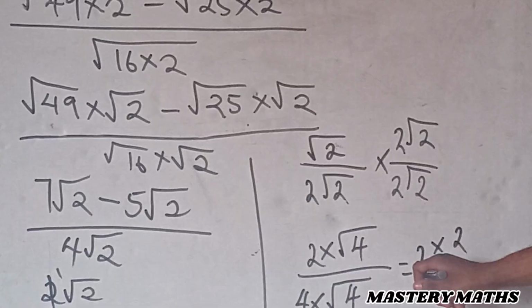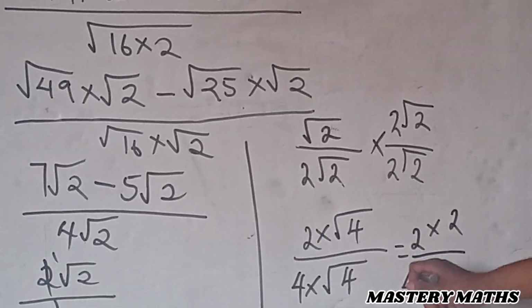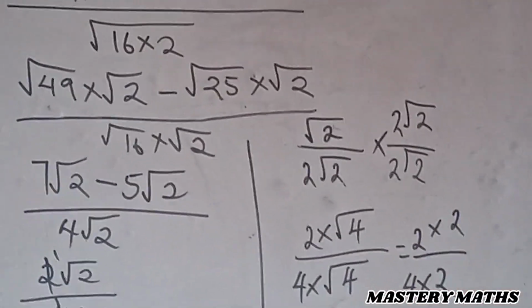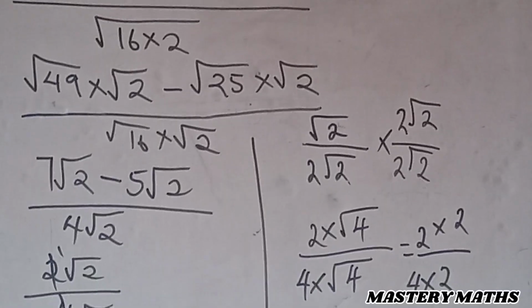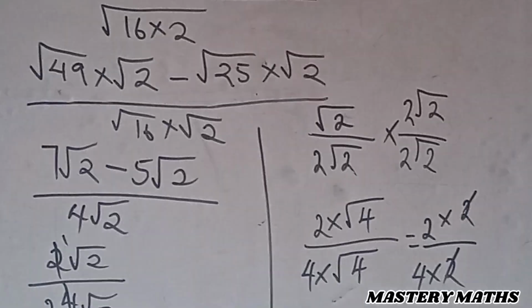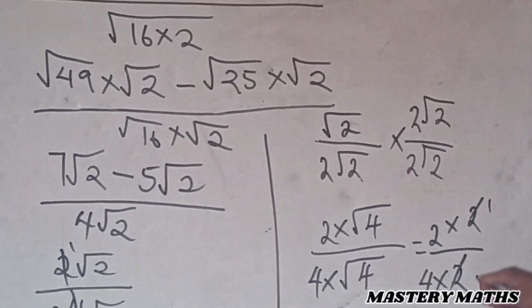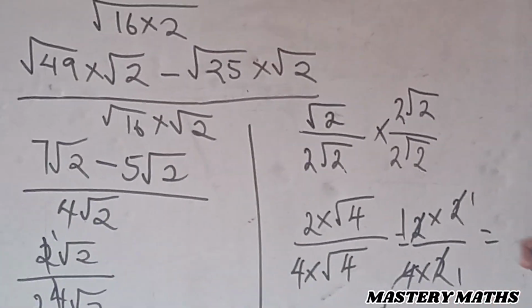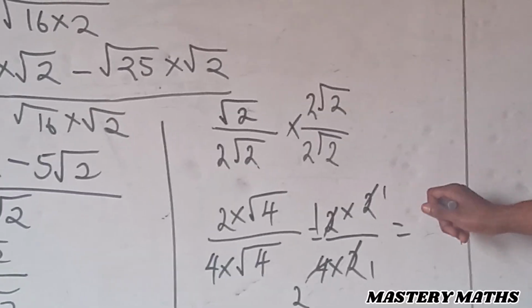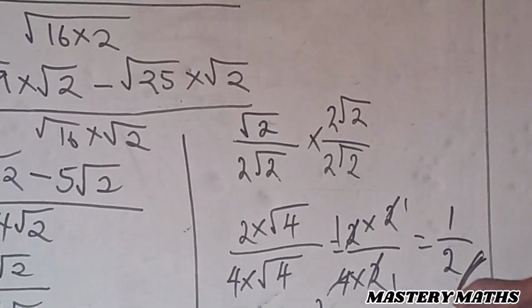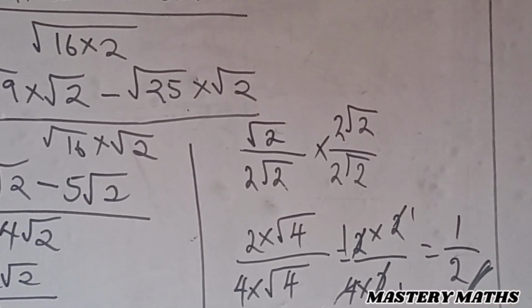The square root of 4 is 2. Now 4 times square root of 4 is also 2 times 4. So what should we do now? We've brought it out. We can simplify. You say this 2 will cancel this 2, making it 1. 2 here is 1, and 2 here is 2. You say 1 times 1 is 1, over 2 times 1 is 2. So our answer is 1 over 2.